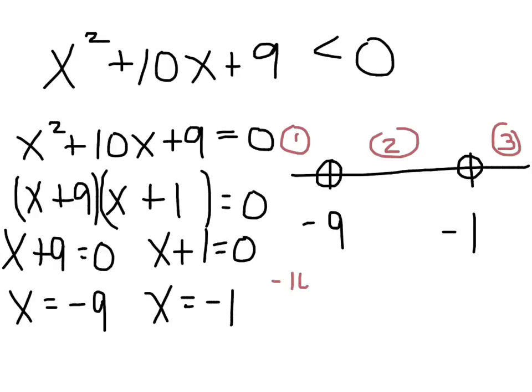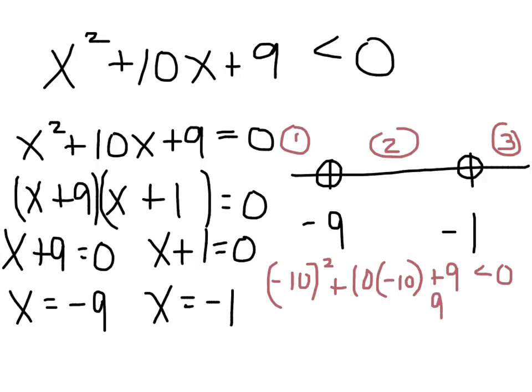So negative 10 squared plus 10 times negative 10 plus 9. What's negative 10 squared? 100. What's 10 times negative 10? Negative 100. So what's 100 minus 100 plus 9? Is 9 less than 0? No. So therefore, I would not shade zone 1.